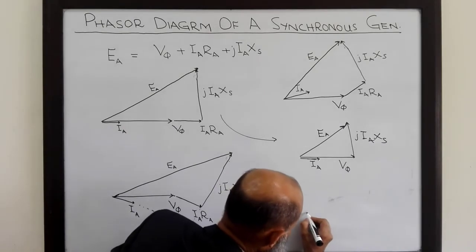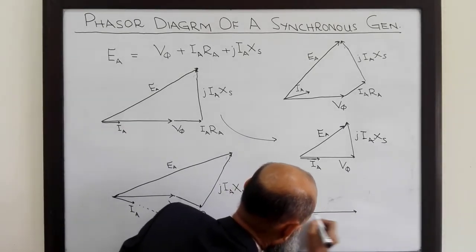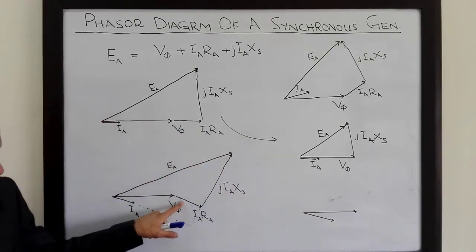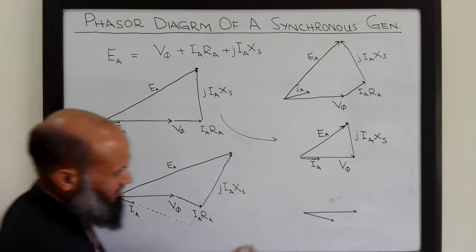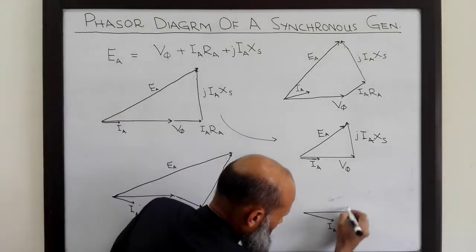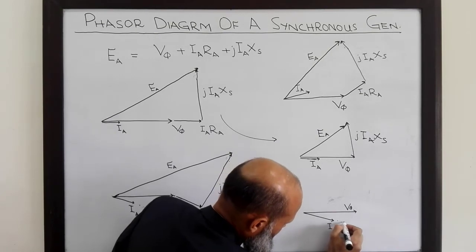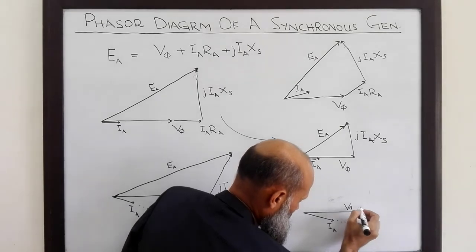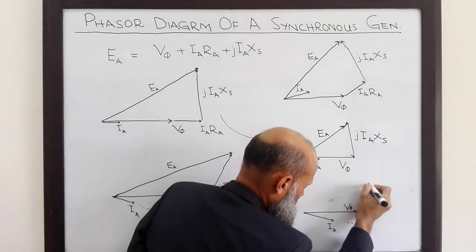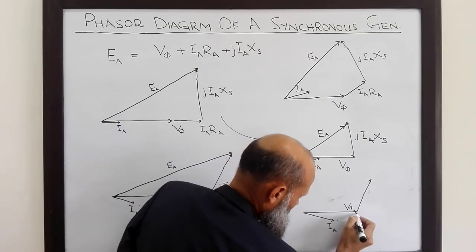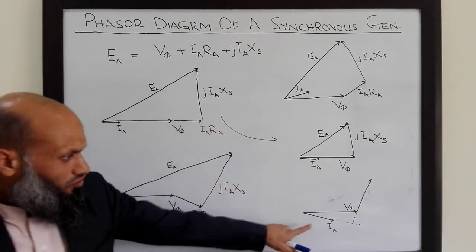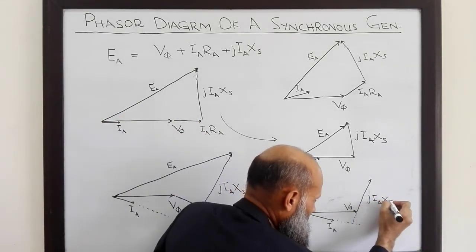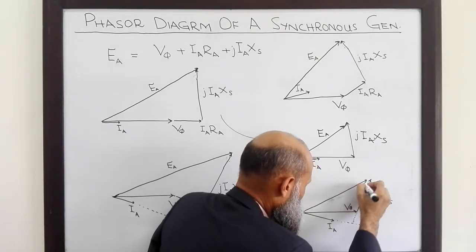Likewise, we have a simplified phasor diagram for inductive load, IA, and just omit this effect, make this thing perpendicular to IA. So here is IA and this is V phase. So we just extend this line. So perpendicular to this phasor, we have JIA XS and their phasor sum EA.